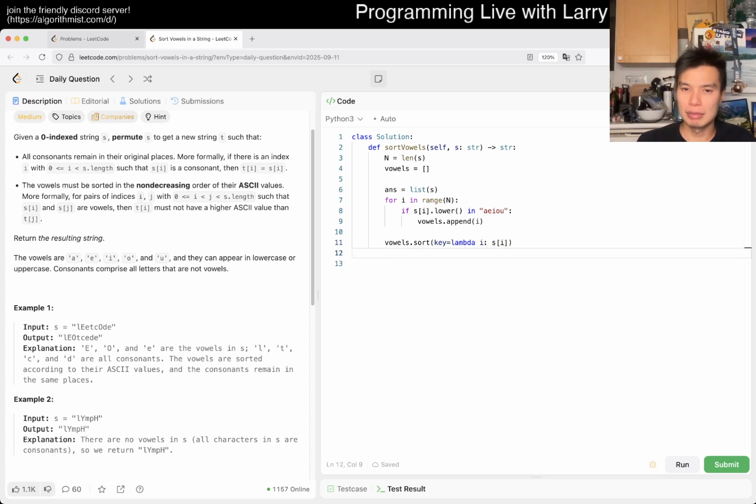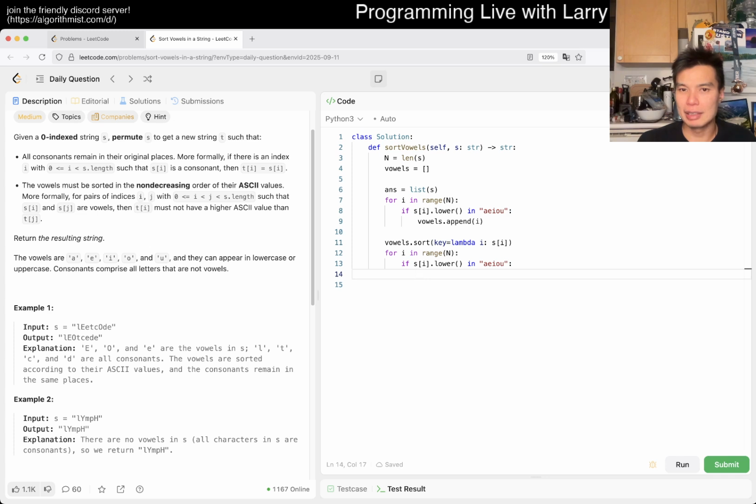And then now for i in range of n, if, I guess you do it again. I mean, maybe you could write this another way, in that you could make this into a set and do a lookup or something like that. But they're all fine, right?